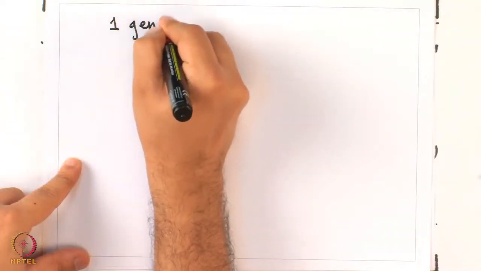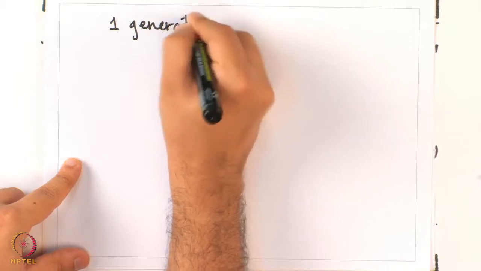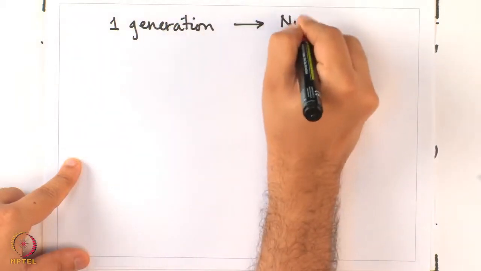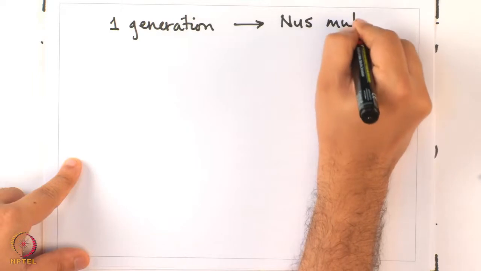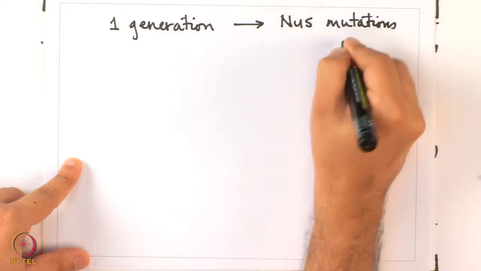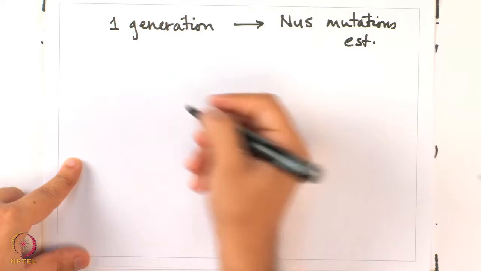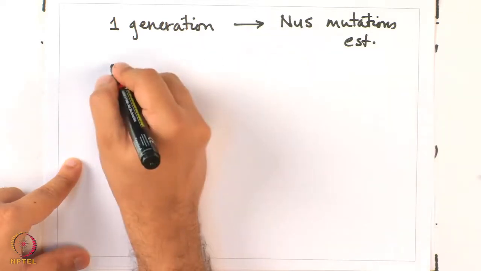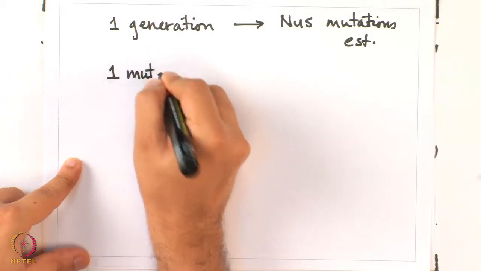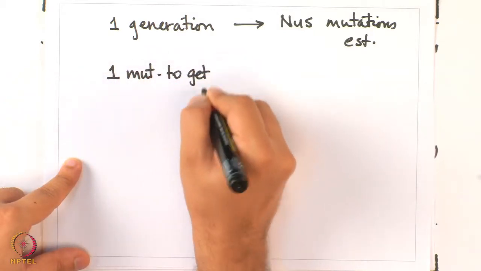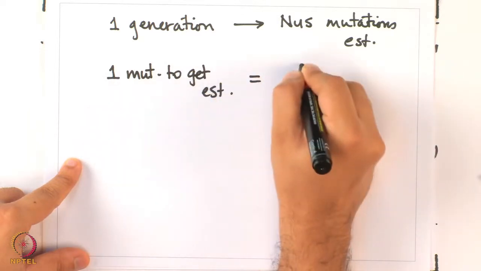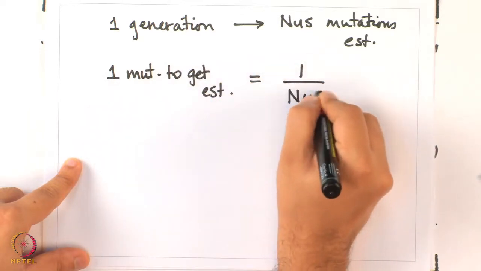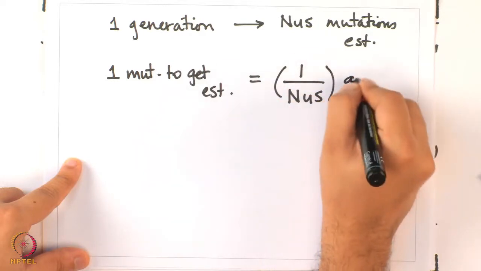That is pretty straightforward, because if I wait one generation, I get nuS mutations which get established. That means the time I have to wait for one mutation to get established is just going to be equal to 1 upon nuS generations.